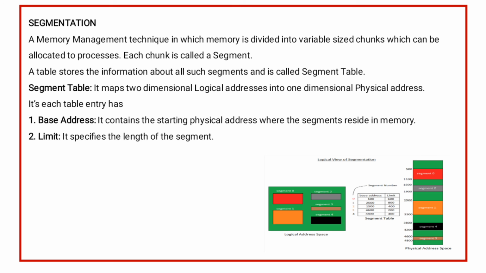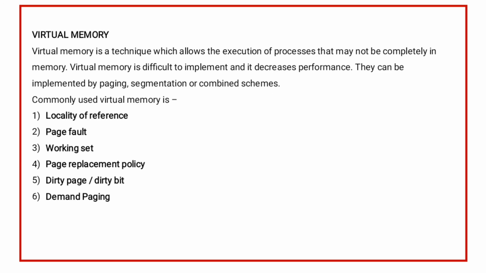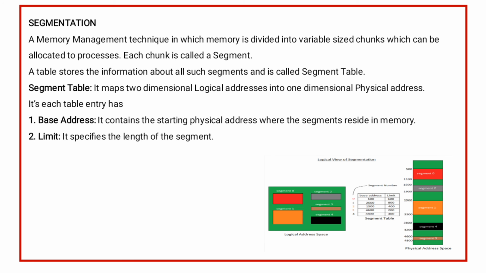Now consider the translation of a two-dimensional logical address to a one-dimensional physical address. The address generated by the CPU is divided into segment number, that is, the number of bits required to represent the segment, and the second is segment offset, the number of bits required to represent the size of the segment.